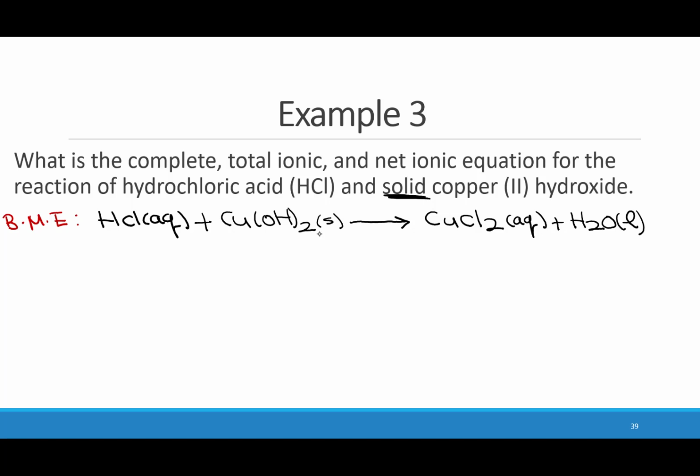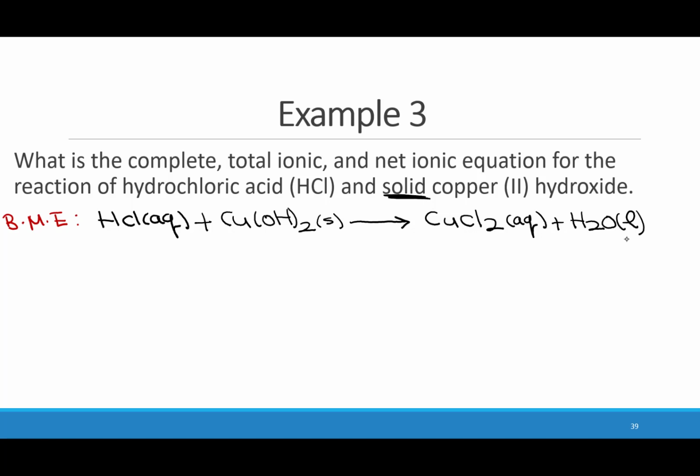Don't let the state of copper 2 hydroxide confuse you. What we have is a reaction between an acid and a base. Your product is always going to be aqueous salt and liquid water. Just treat it as any acid-base reaction.